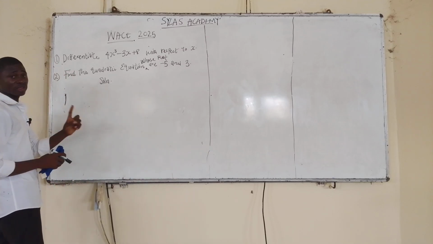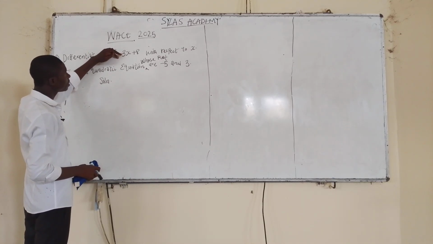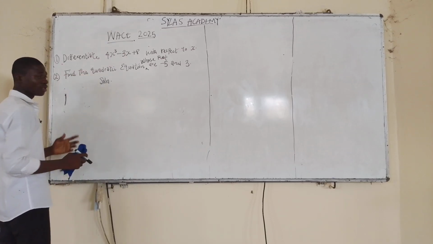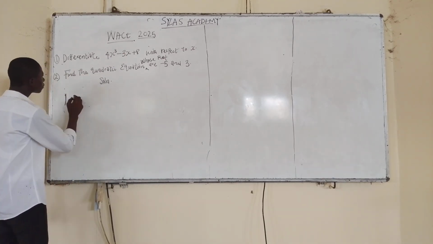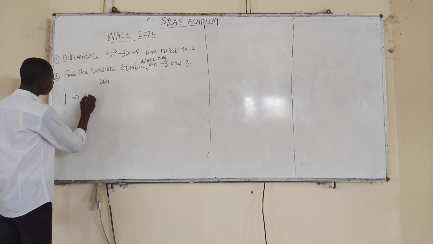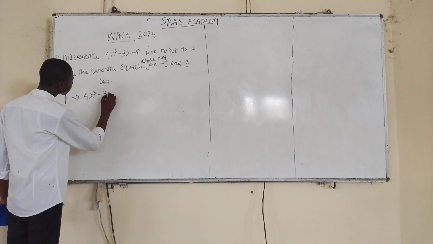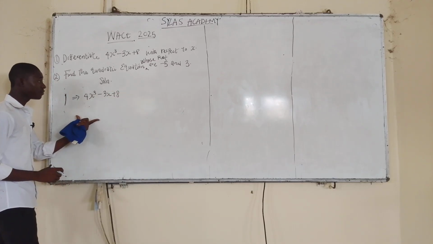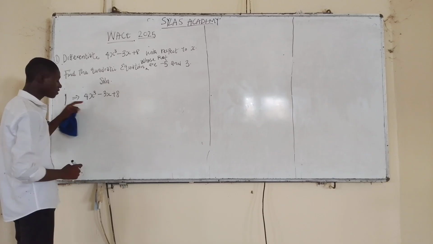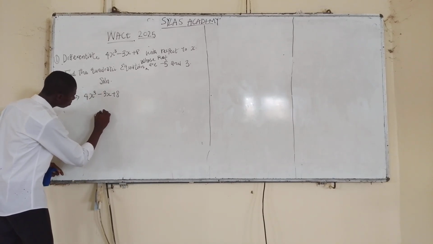Differentiate with respect to x: 4x cubed minus 3x plus 8. I told you about something in differentiation. If you see a question like this, use this formula: a times n times x to the power of n minus 1.